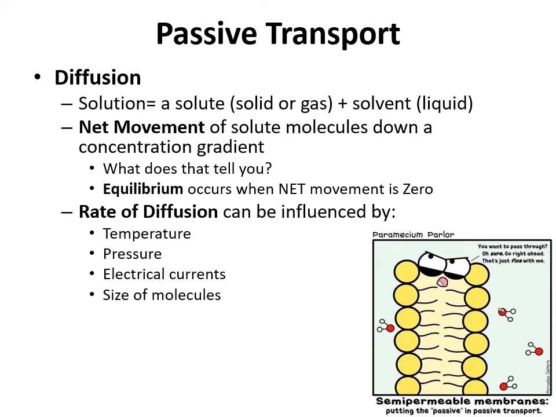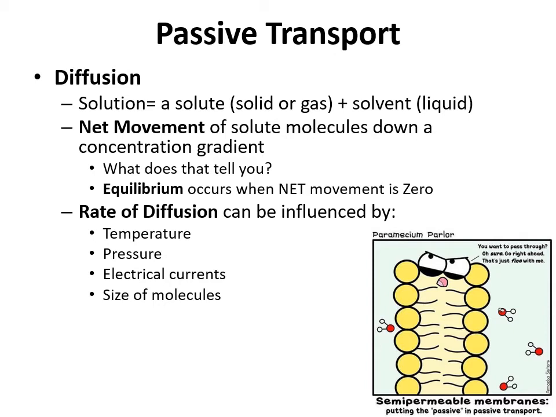Okay? If that net ever balances out and you have an equal number going from high to low as going from low to high, then that would be reaching equilibrium, where you're not really getting any movement to change whether it's higher in one location or lower in the other. Okay? Don't worry as much about the terminology of net movement or equilibrium.